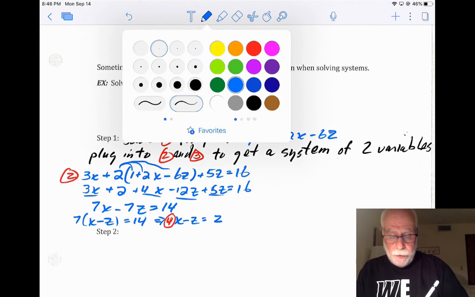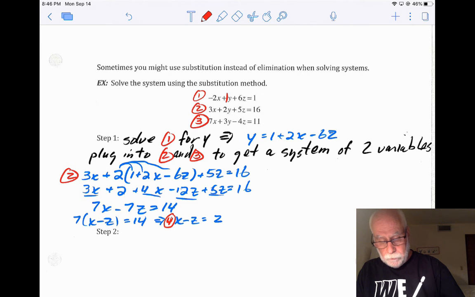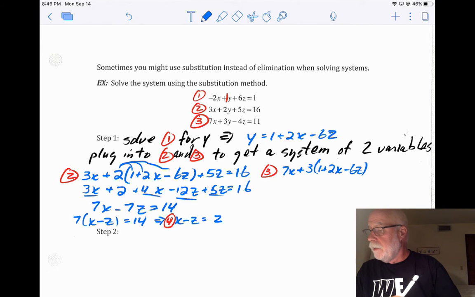Now if I take 3 and do the same thing, on 3 I'll have 7x plus 3. I'm replacing y now with 1 plus 2x minus 6z, minus 4z is equal to 11.